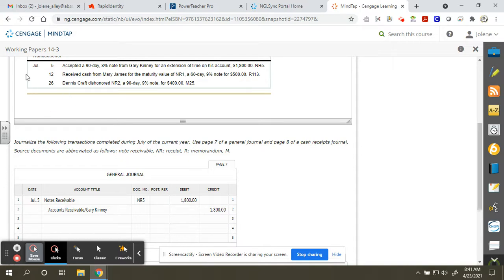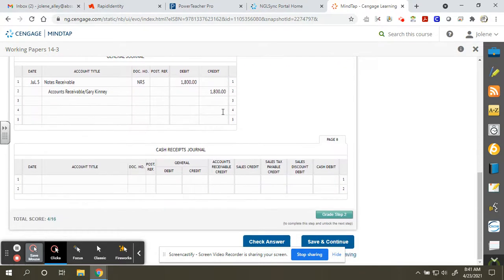On July 12th, it says received cash from Mary James for the maturity value of NR1. So she paid off her loan. That's good. 60 days, 9% note, $500. Receipt 113. So we have to come down here to our cash receipts journal.